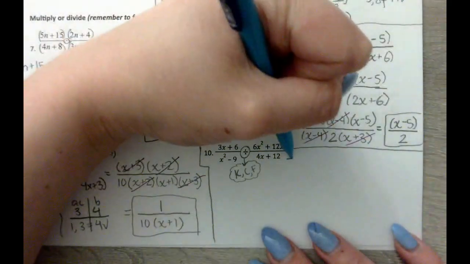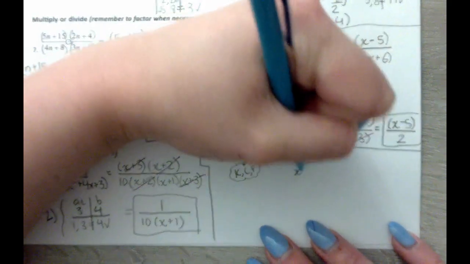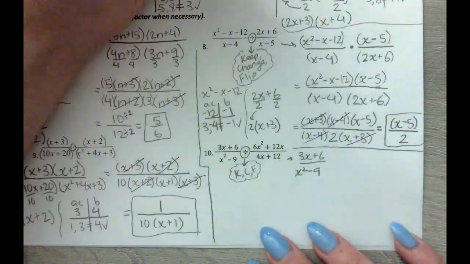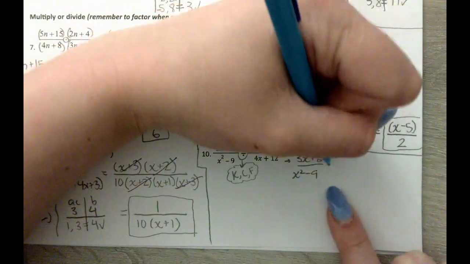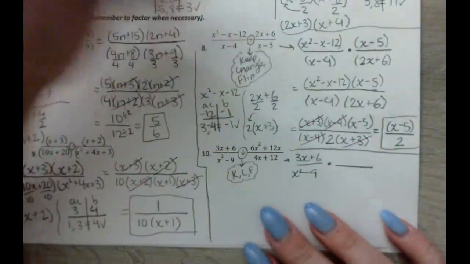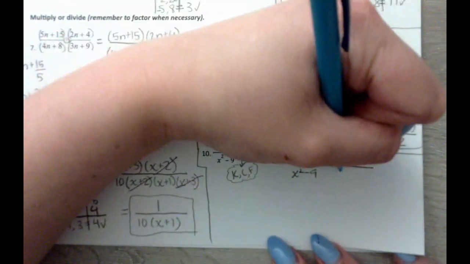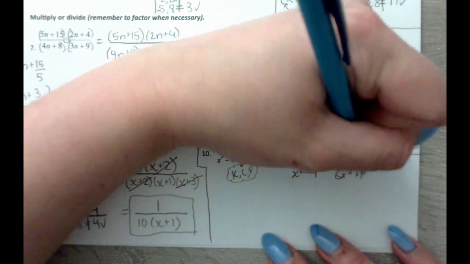Alright, so let's rewrite. We have 3x plus 6 over x squared minus 9. Keep this the same. Change division to multiplication. Flip the second fraction. So it becomes 4x plus 12 over 6x squared plus 12x.